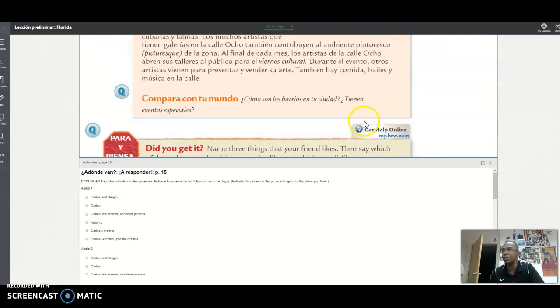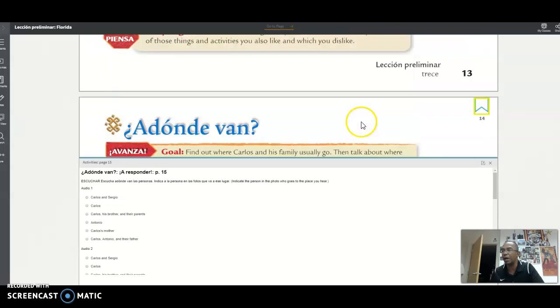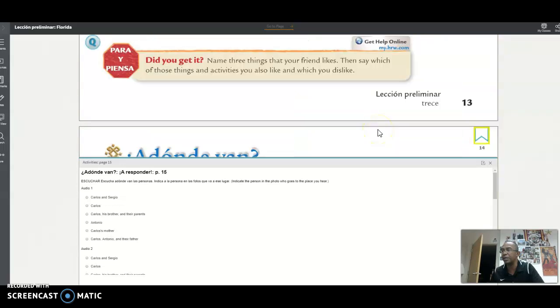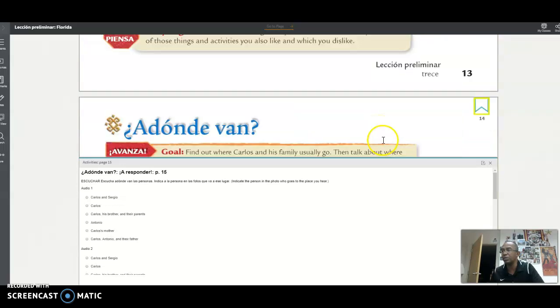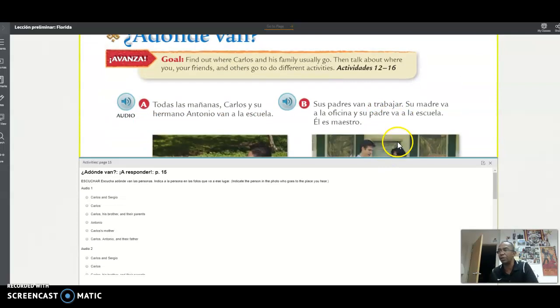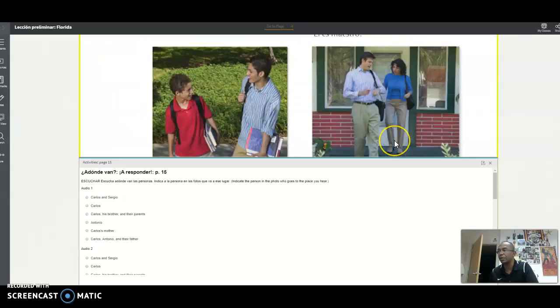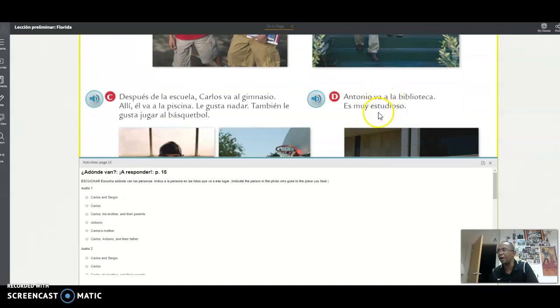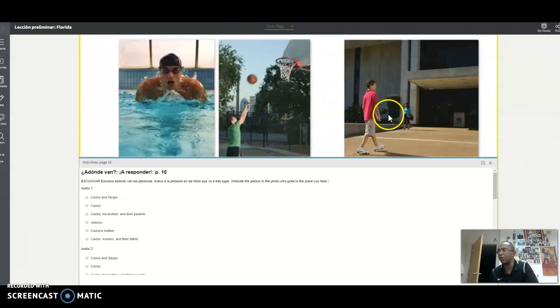Let's see. I believe the person that goes to the library is either Carlos or Sergio, or Antonio. Let's look. Antonio va a la biblioteca. Es muy estudioso. Here's Antonio, as you can see. So you select Antonio.